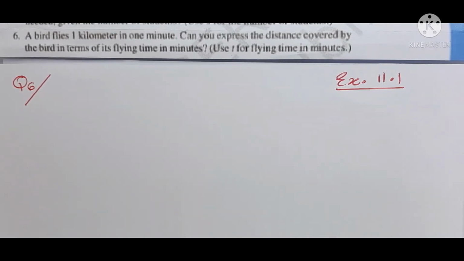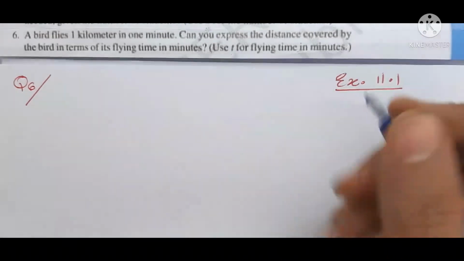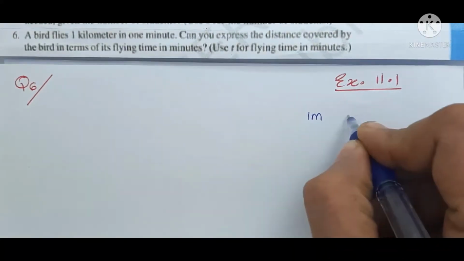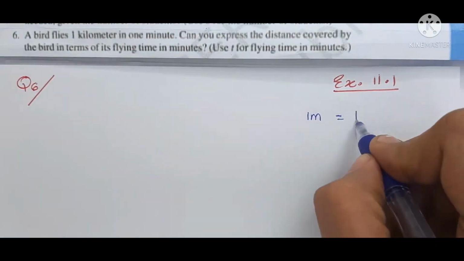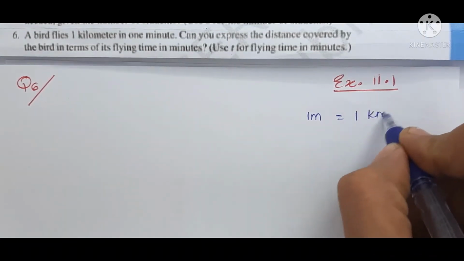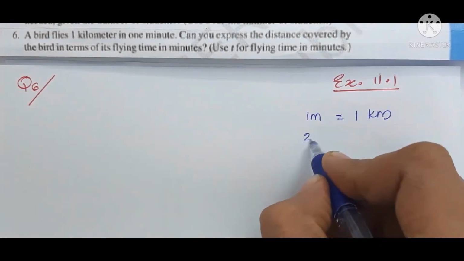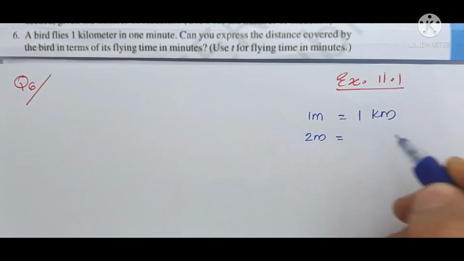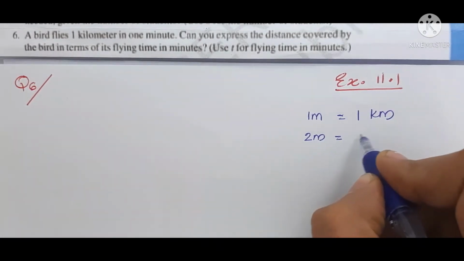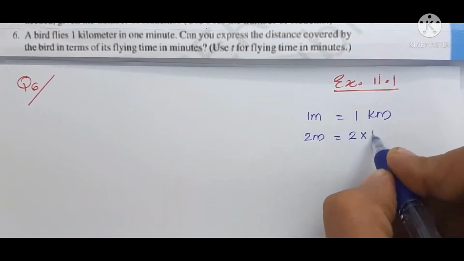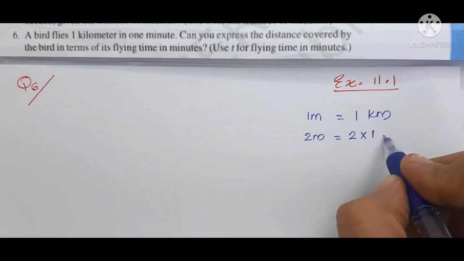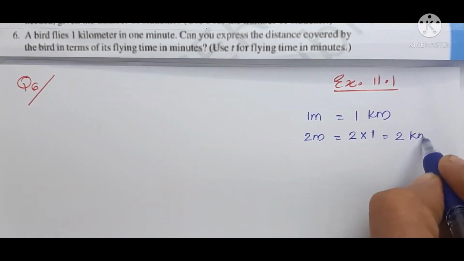So, in this question, the bird travelled 1 kilometer in 1 minute. So, in 1 minute, the bird travelled 1 kilometer distance. Okay. So, in the case of 2 minutes, how many kilometers will the bird travel? That is 2 into 1, that is equal to 2 kilometers.